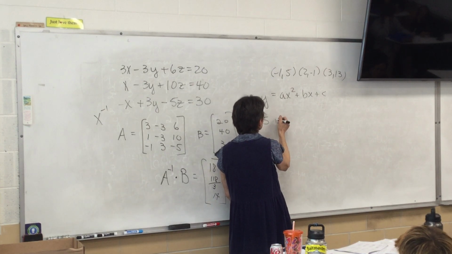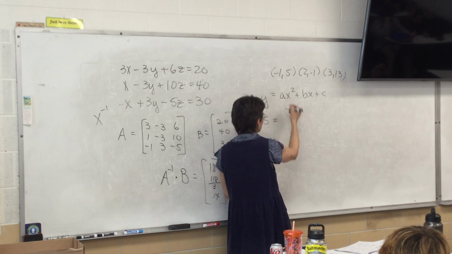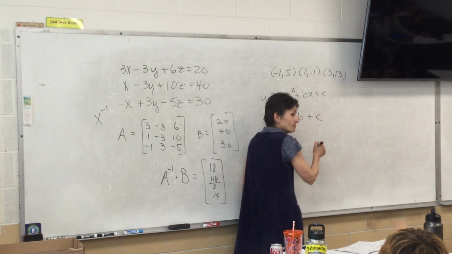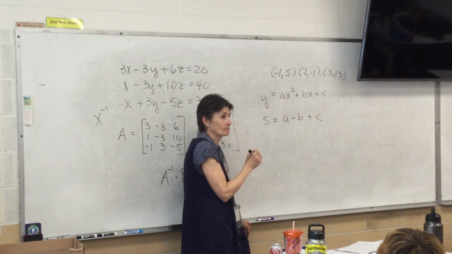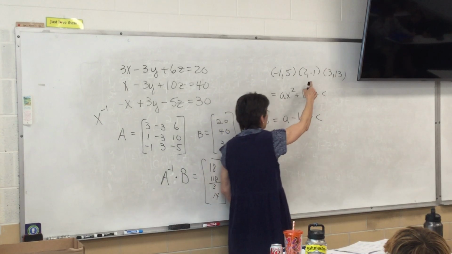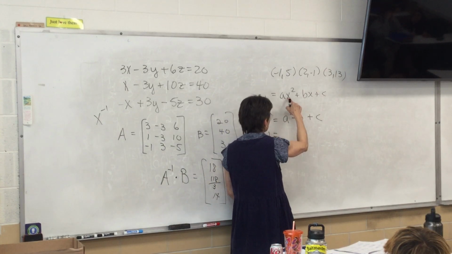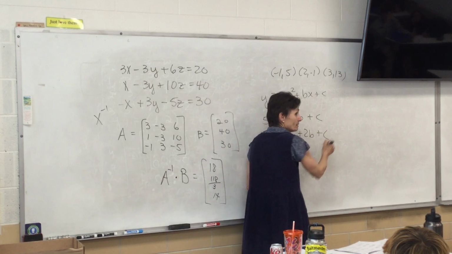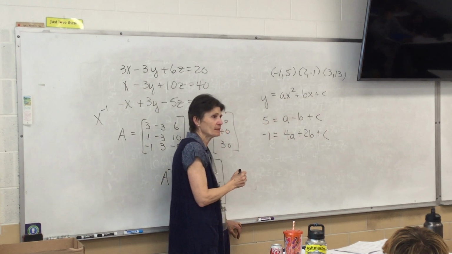So 5 equals, and I'm putting in negative 1, so it'll be a minus b plus c. And then I'll put in the next point, so that'll be 4a plus 2b plus c. What's happening here?